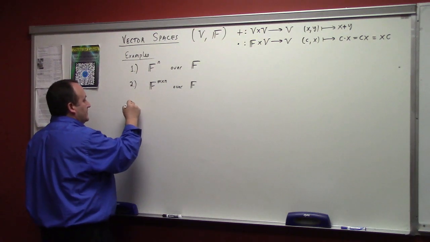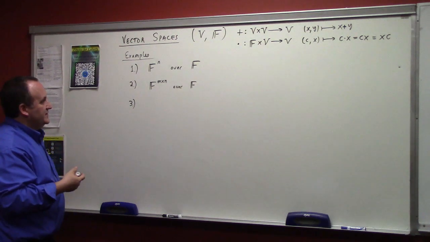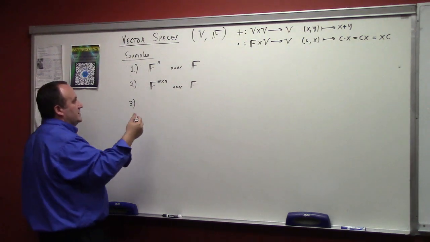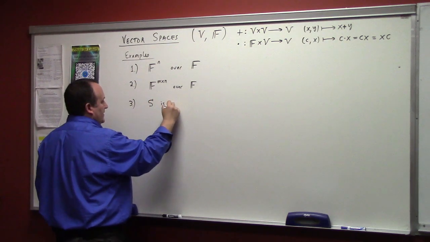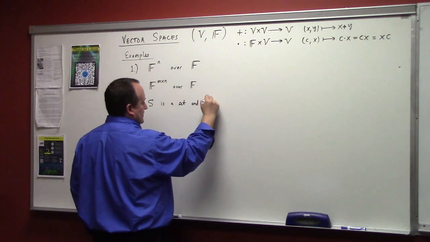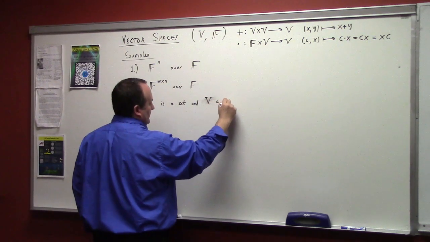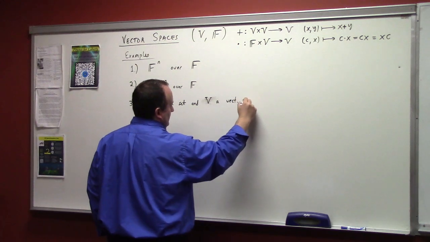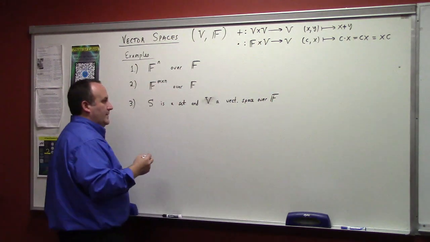Three, and here's a much more adventurous example. If S is a set and V, good grief, V a vector space over F, right?